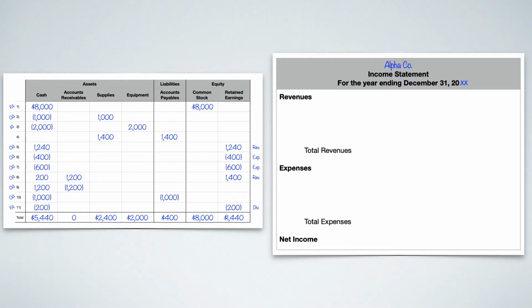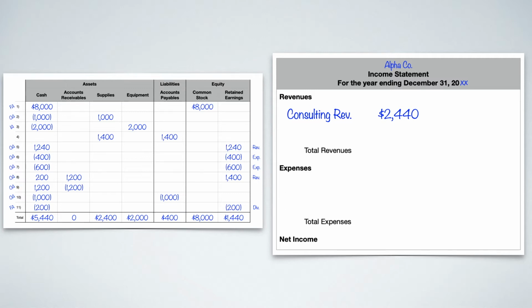So let's start with our main one, which is consulting revenue. We have consulting revenue in transaction 5, which was 1240, and we also have consulting revenue in transaction 8 for 1200. If we add those together, that gives me a total consulting revenue of 2440. And then we also have that other revenue from transaction 8 where we rented out our facility.